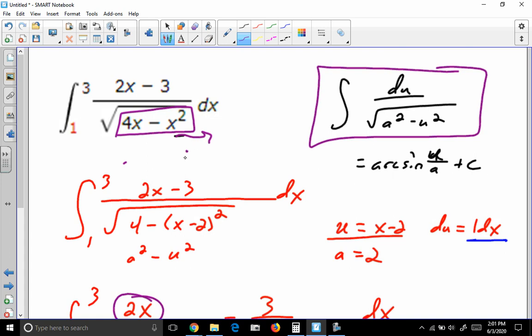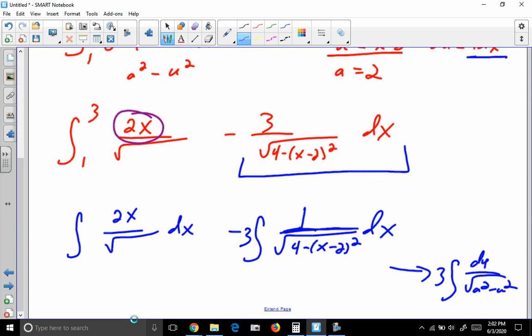Sometimes when we do a substitution, we take what's underneath our radical, or what's the most inside function, we let that be u, and then du is just the derivative of that. So the derivative of that would be 4 minus 2x dx. Hey, I see a 2x. So that's essentially what we're going to do here.